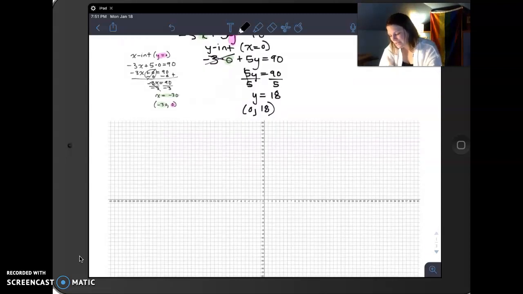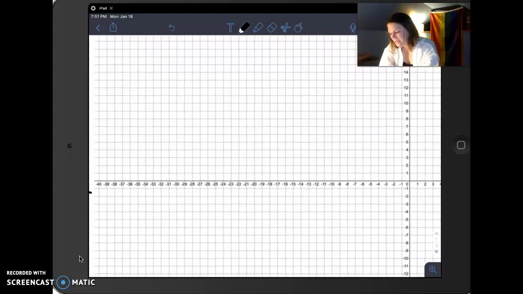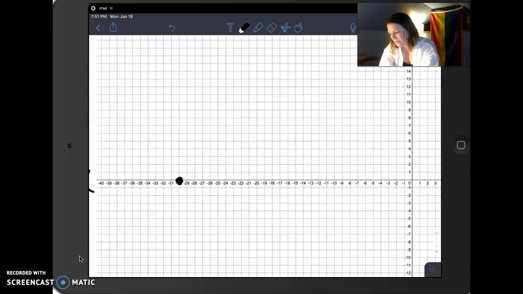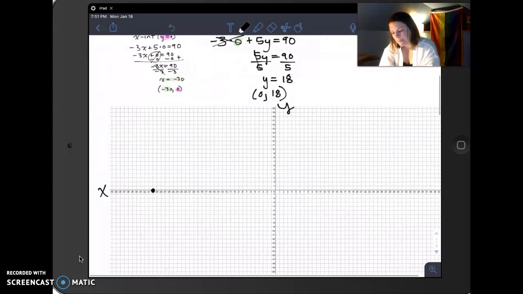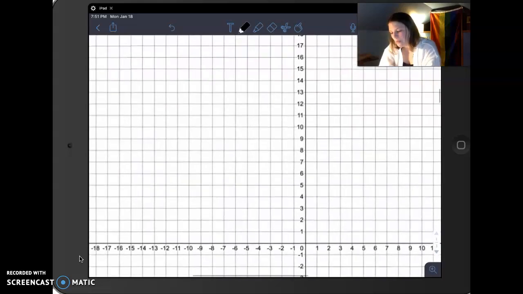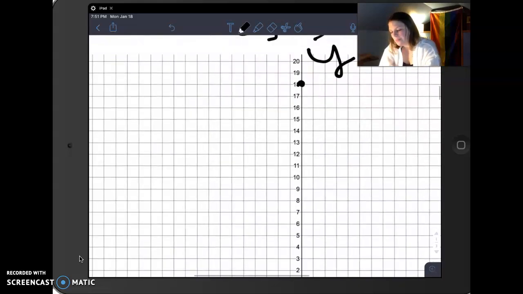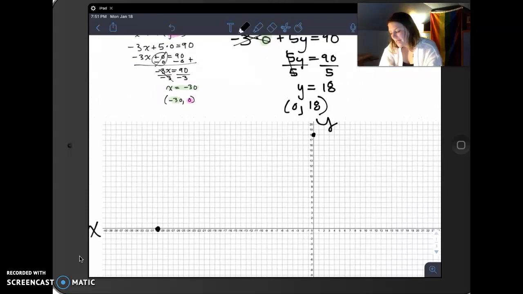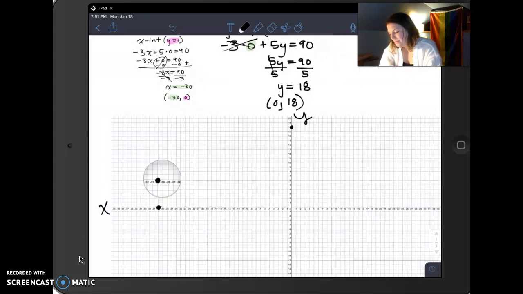You might be thinking to yourself, this is not as pretty of a graph and not as clear of a graph as it would be if we did y equals mx plus b. That's fine. You are more than welcome to try and graph it by converting to y equals mx plus b and then graphing from there.